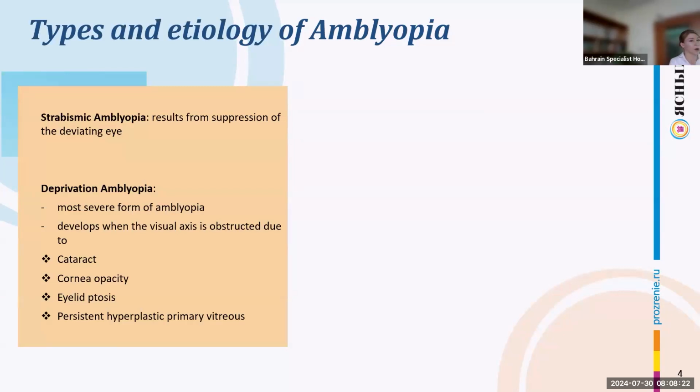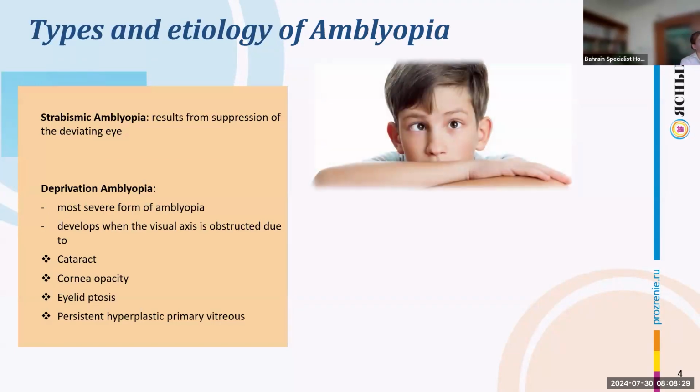A less common, non-refractive cause of amblyopia is strabismic amblyopia. It results from the suppression of the deviating eye. In this case, the brain ignores the eye which is deviating inwards, outwards or vertically, because of the diplopia which this condition causes. Another, less common but the most severe form of amblyopia is deprivation amblyopia.